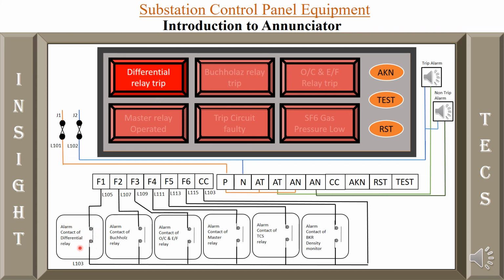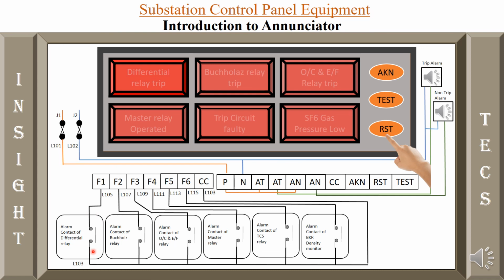So when you reset the differential relay, only then can you reset this differential relay trip indication on the annunciator. Once you click on reset, this window will stop glowing only and only if this contact is open.